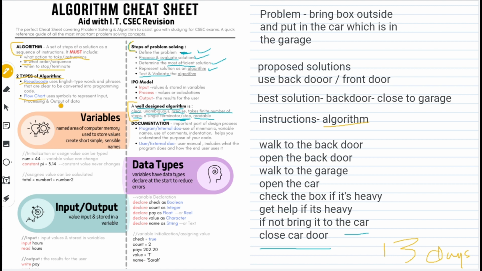I'm not sure why, but the difference should be clear. One looks like English. No symbols are in the English type pseudocode, whereas in a flowchart, you're going to see symbols. Let me show you what a flowchart looks like.